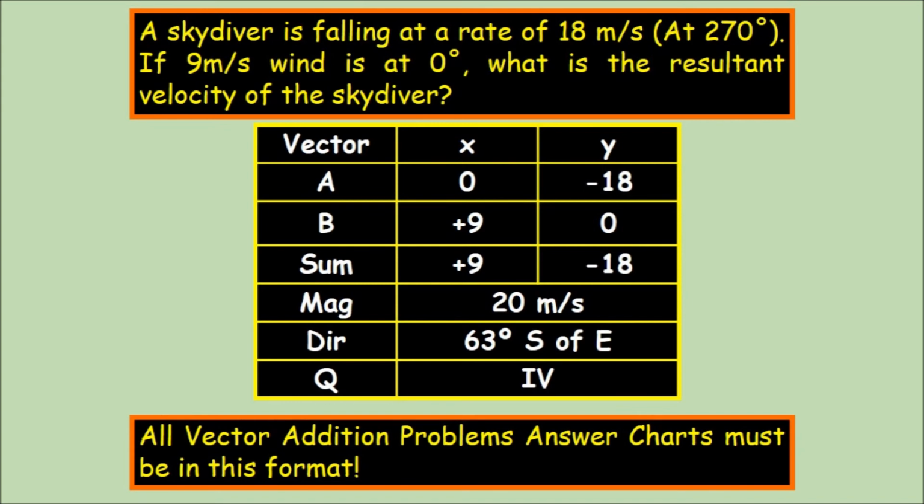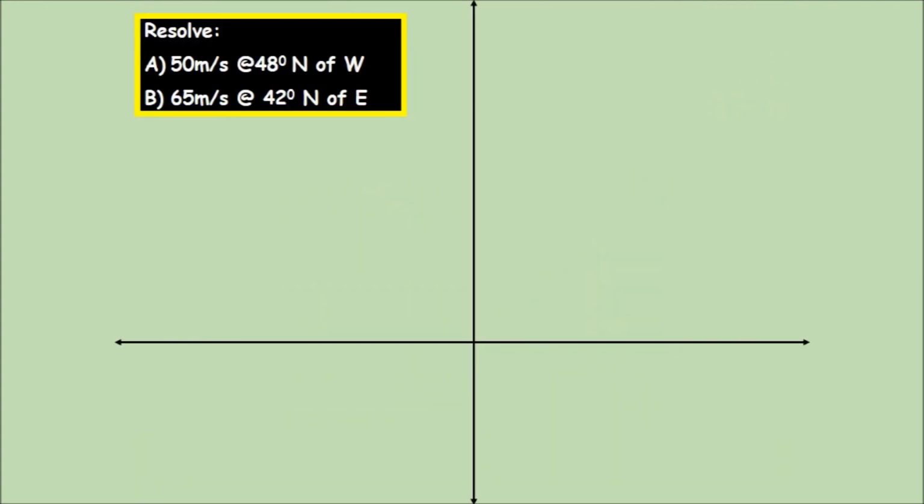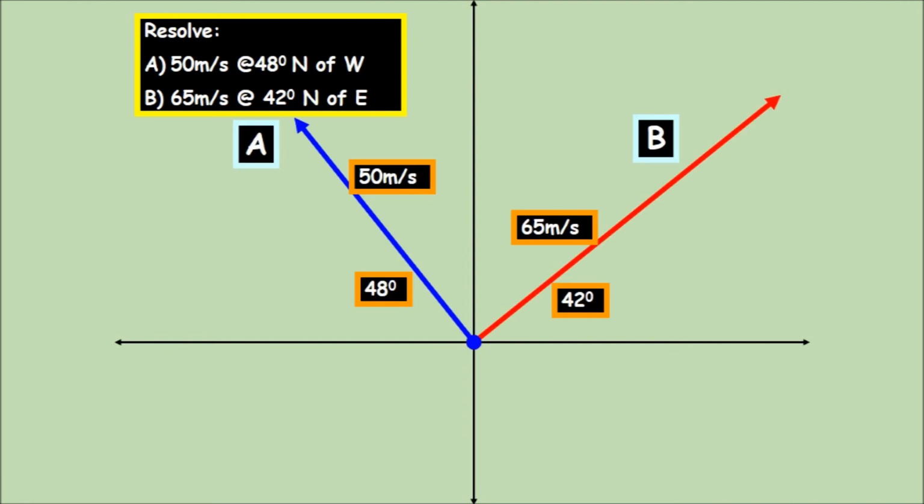And we'll do another problem. Now here is a two vector system problem. This is basically just a review of what we've been doing. Here are the two vectors, and what you do with the two vectors is break them down into their corresponding components, the x and y.